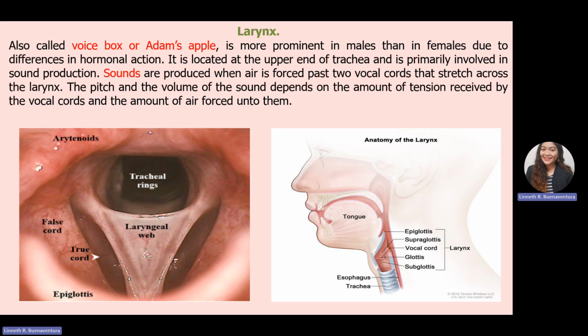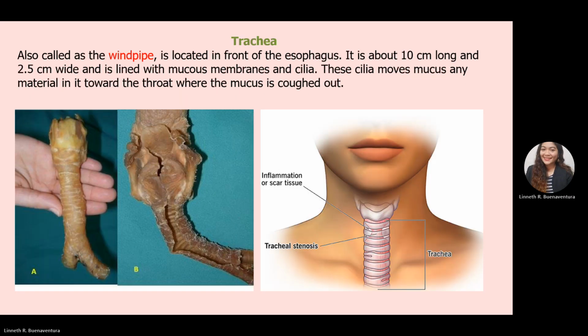So this is the laryngeal web, epiglottis, and then the tracheal wing. The fourth is the trachea. It is called the windpipe. So this is an example of a windpipe. It is located in front of the esophagus.